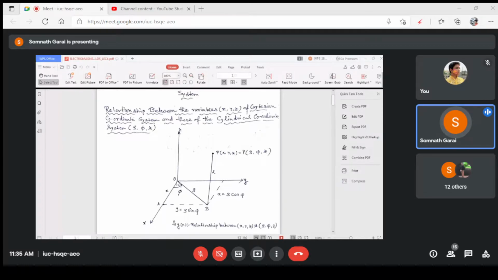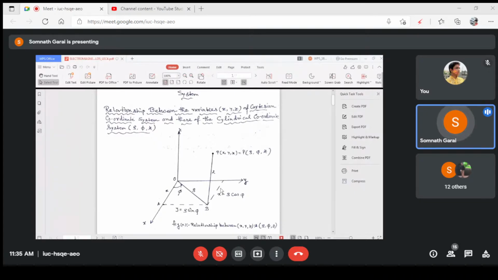Now, this OB is rho, the first coordinate of the cylindrical coordinate system, right? And phi is the azimuthal angle, the second coordinate of the cylindrical coordinate system, and it is measured from the x axis, right?